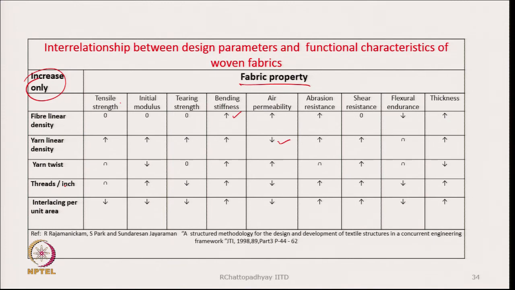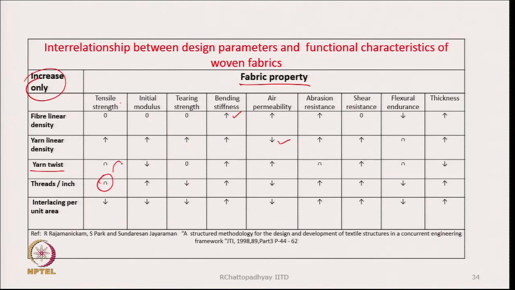Let us take an example, and this is another one, that is inverted U. This indicates that it is going to increase first and then decrease. Suppose we increase yarn twist. When yarn twist is increased, the tensile strength of the fabric is going to increase first and then decrease.